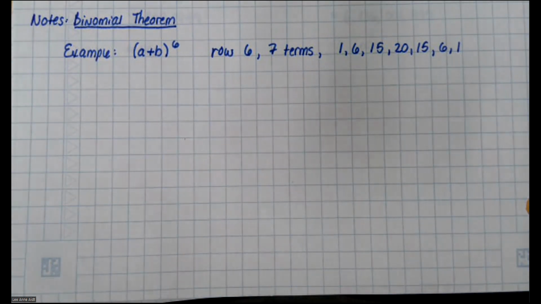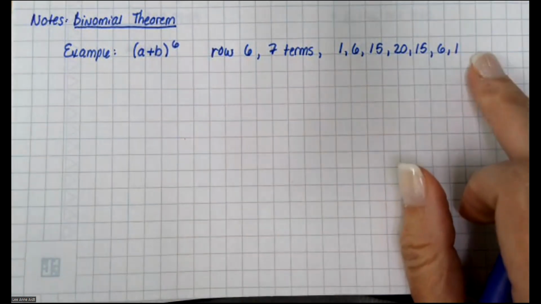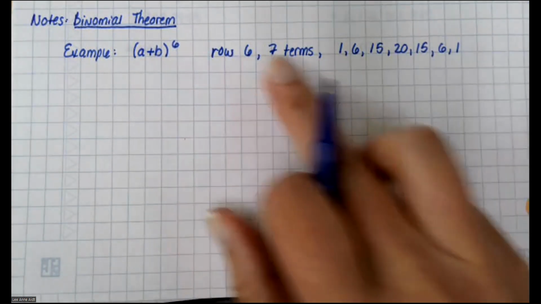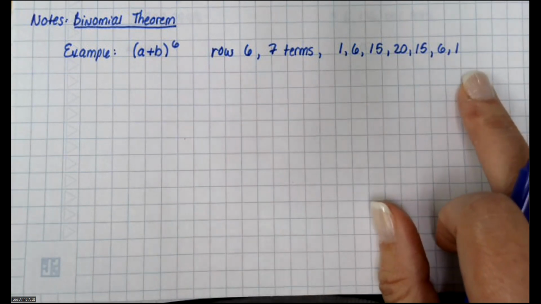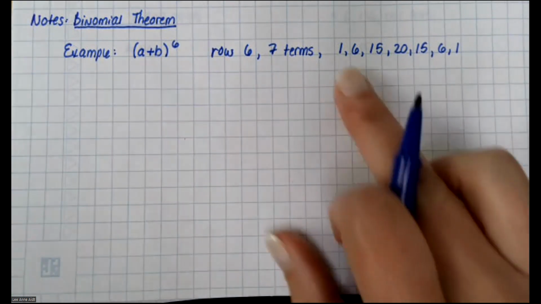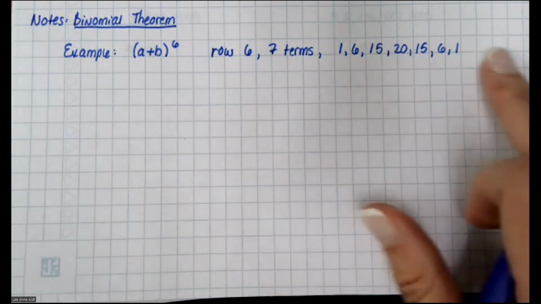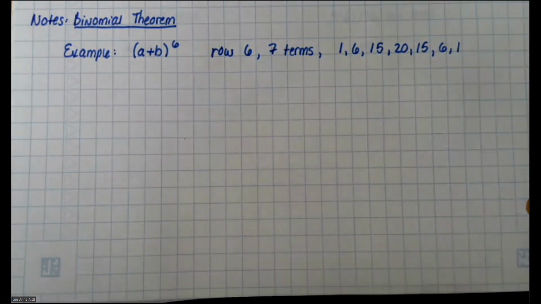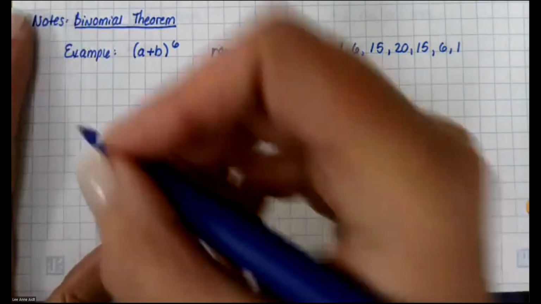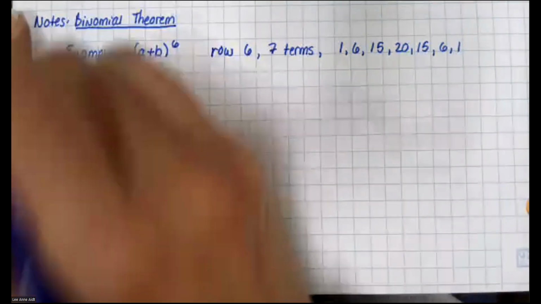Any questions about that part? Do you know where all this stuff came from? Yes? If you're stranded on a deserted island, could you find these by creating Pascal's triangle with a stick in the sand? Hopefully. Okay.